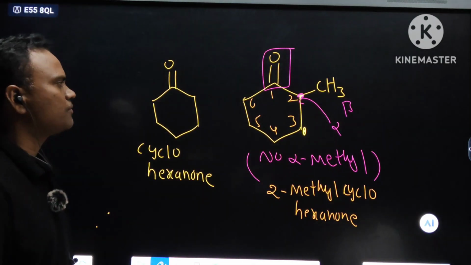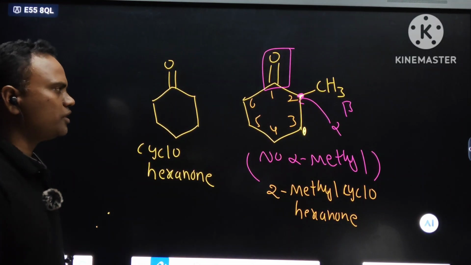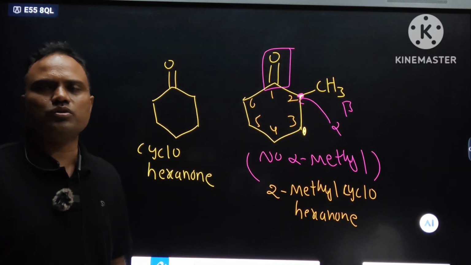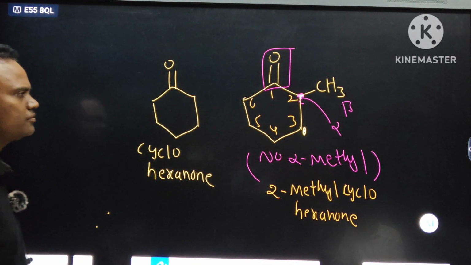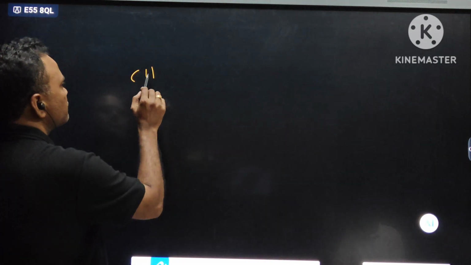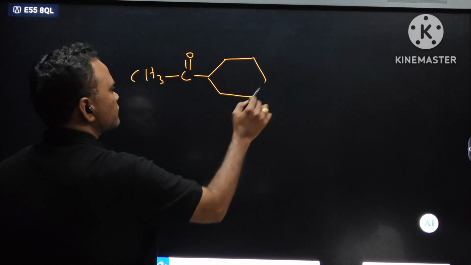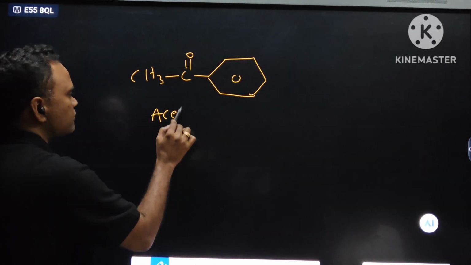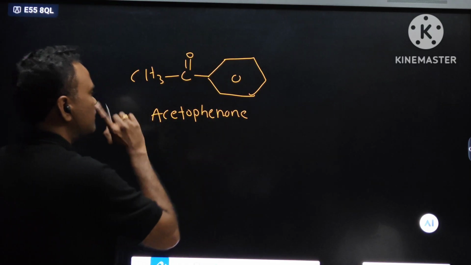I'll close with them. Very, very important: acetophenone and benzophenone. Acetophenone is having alpha methyl, remember.